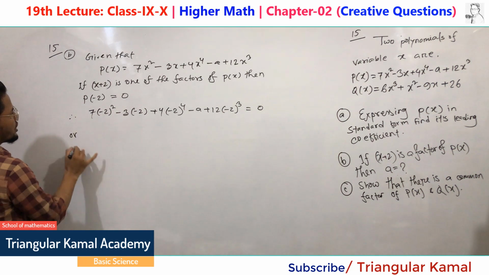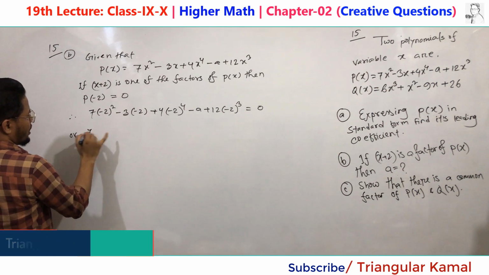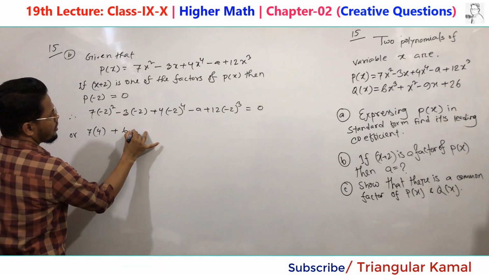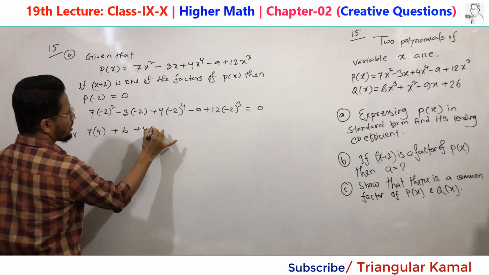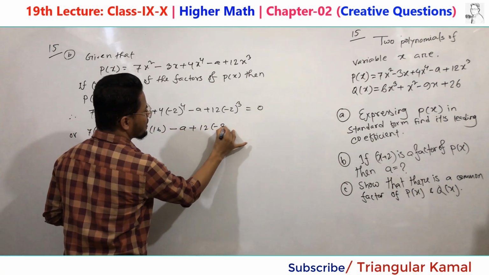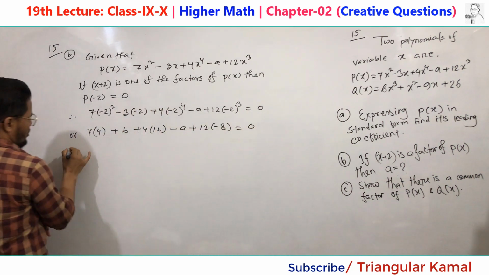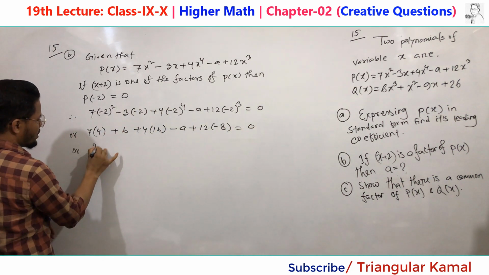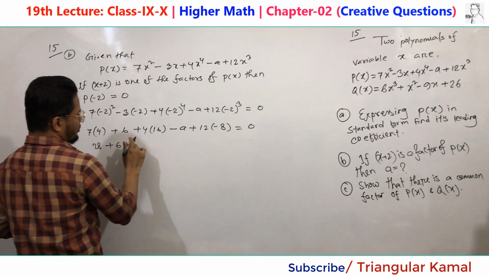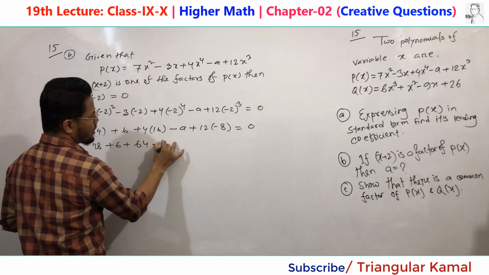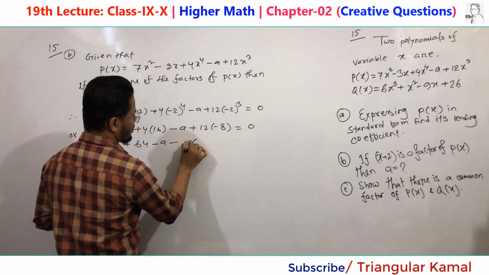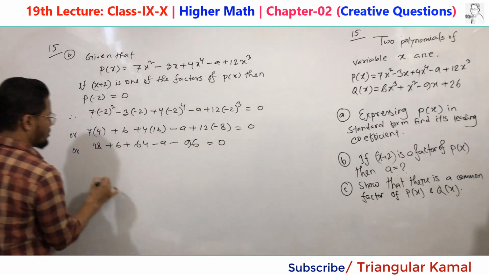Now do simple calculation here. 7 multiplied by 4 is 28, then plus 6, and then 4 multiplied by 16 is 64, minus a, plus 12 multiplied by minus 8, which is minus 96, equals 0.